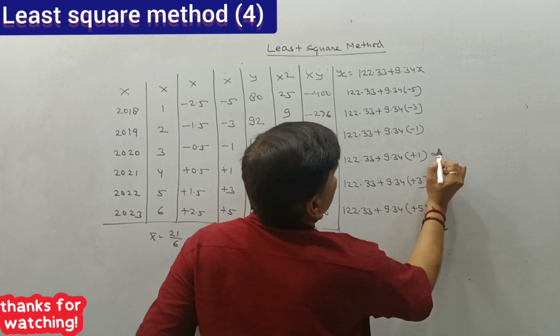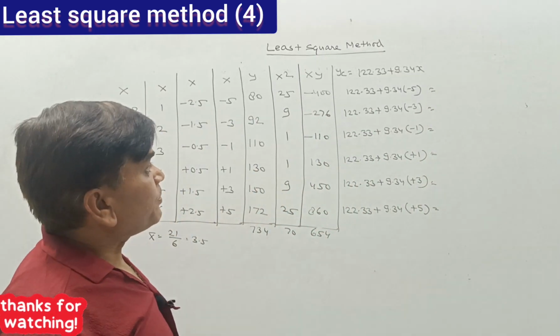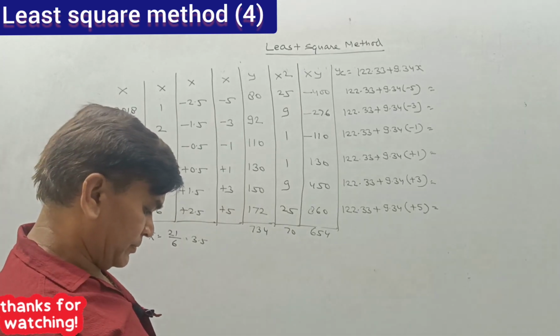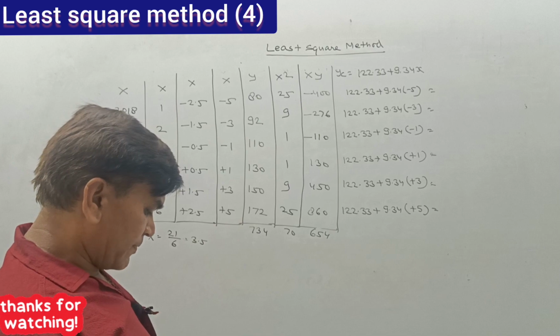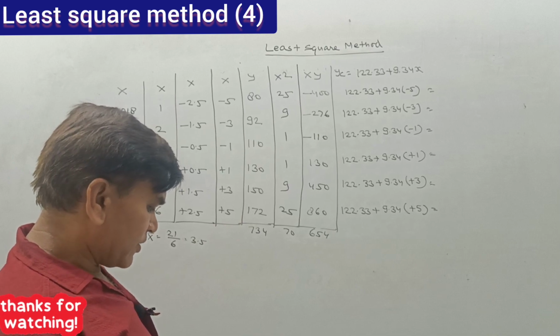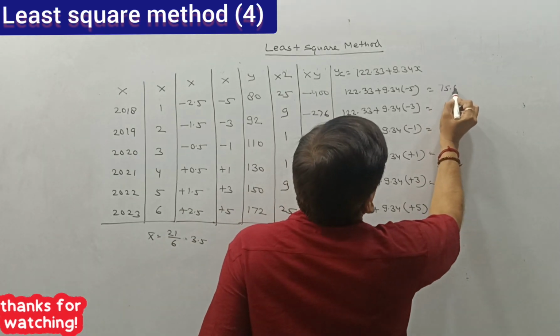We get the result of this. It's very easy. So 9.34 multiplied by 5 minus 122.33, so the first value is 75.63.